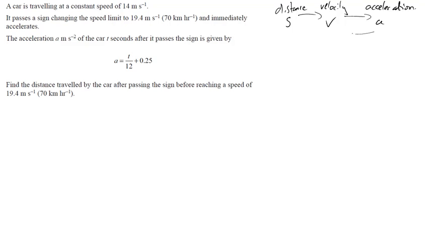To go back from acceleration to velocity, or from velocity to distance, you've got to anti-differentiate, and that's fine. So that's what we're going to be looking at in this video.